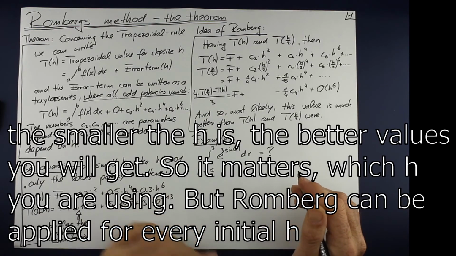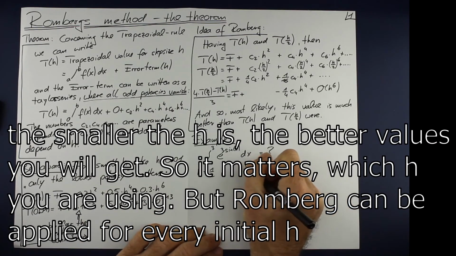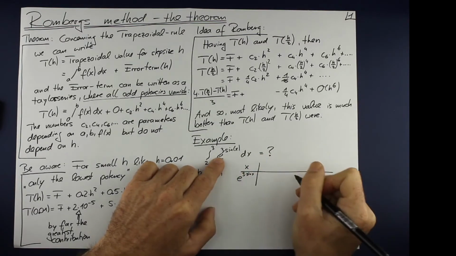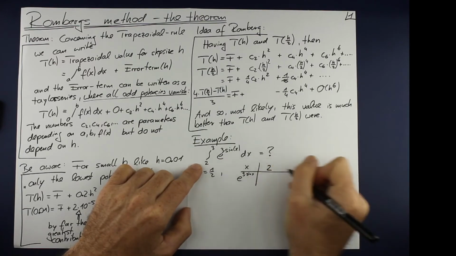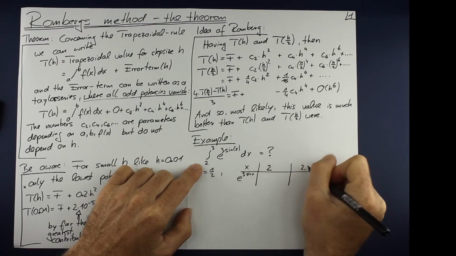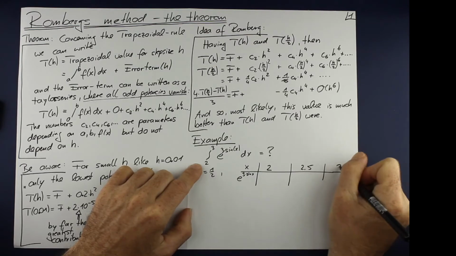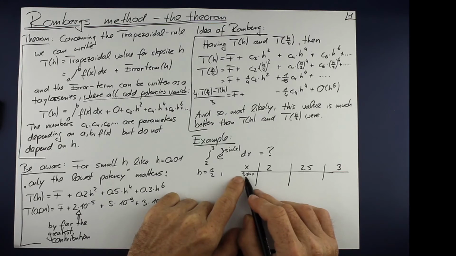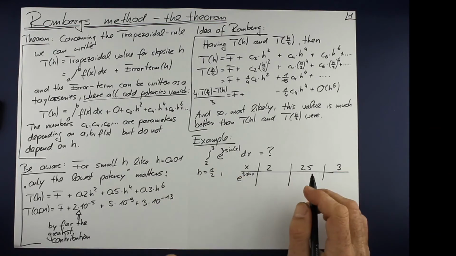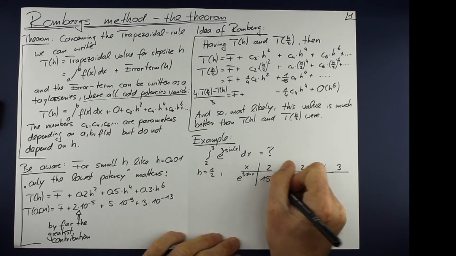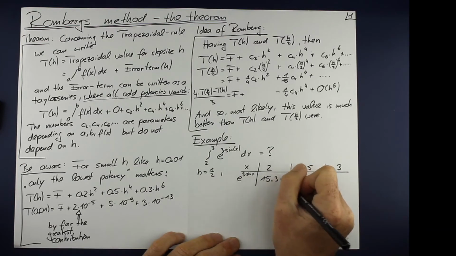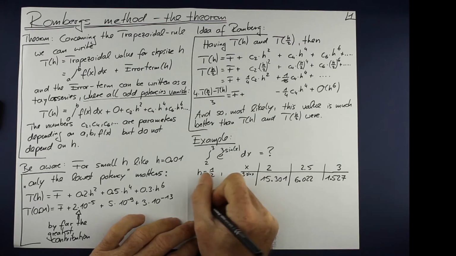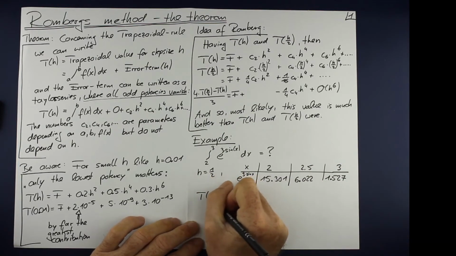Okay, then we need a tabular of x and the corresponding function values. In this example, the first point is 2, the second point is 2.5, and the third point is 3. Now we have to evaluate e to the power of 3 times sine of 2, and using electronic help, it will tell us 15.301. Now we get the trapezoidal value for a half.